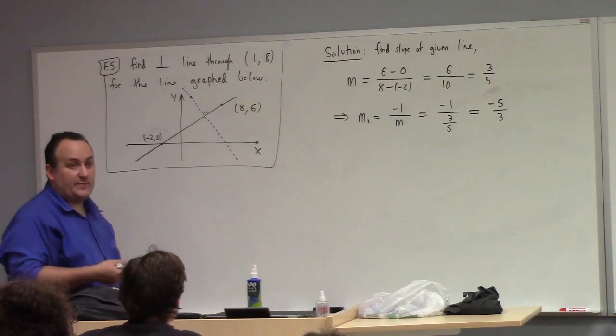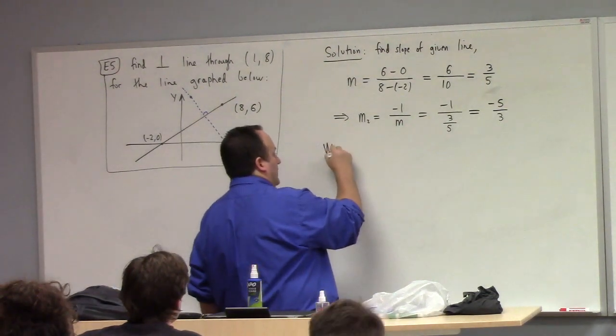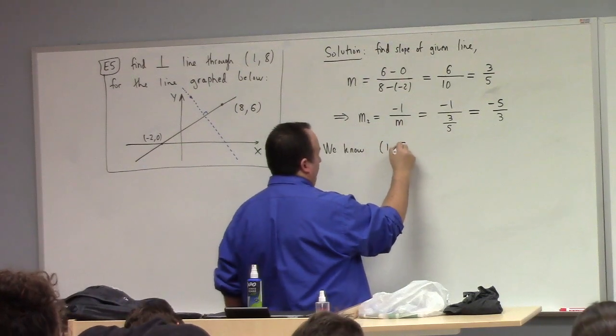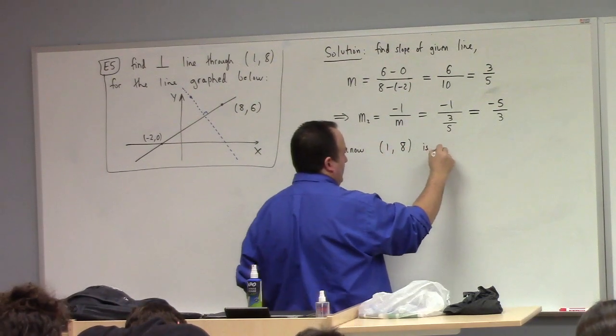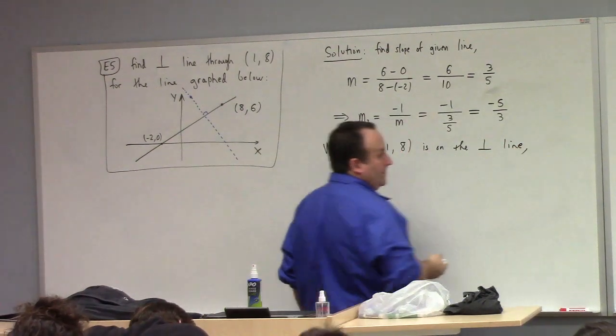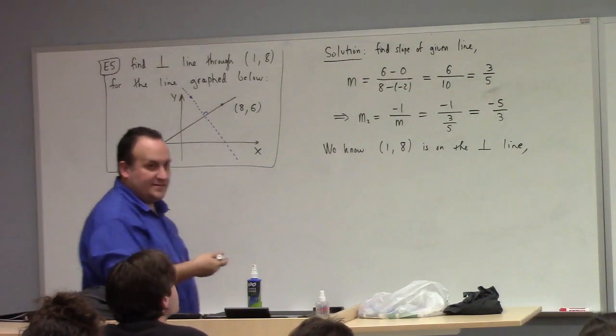What point is on the perpendicular line? We know (1, 8) is on the perpendicular line that we're looking for, right? So the natural choice to use here is my beloved point slope formula.